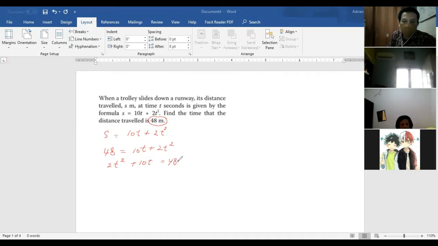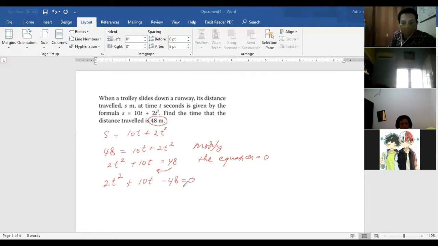Clear, everyone? Next, we have to move 48 to the left side, so we have to make sure the equation equals 0. Modify the equation, so we get 2t squared plus 10t minus 48 equals 0.